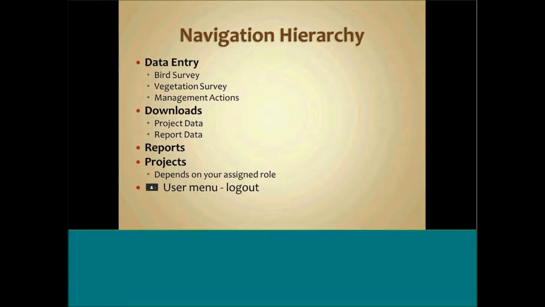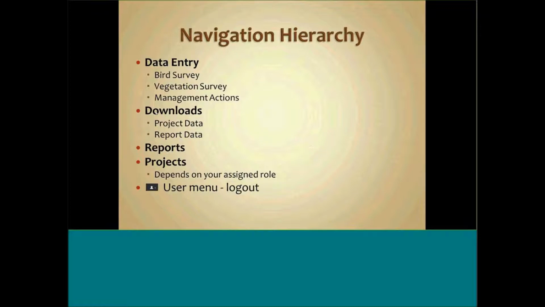The hierarchy in the navigation framework, obviously the top level entries are data entry, downloads for downloading your data, reports for running reports, projects for managing project level management actions, and then there's a user menu over on the far right, a little silhouette of a person, and that's where you'll find your log out menu item under that.